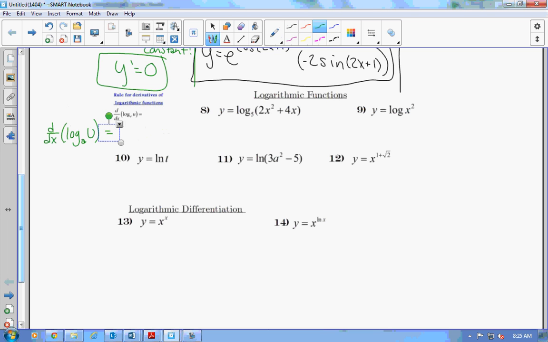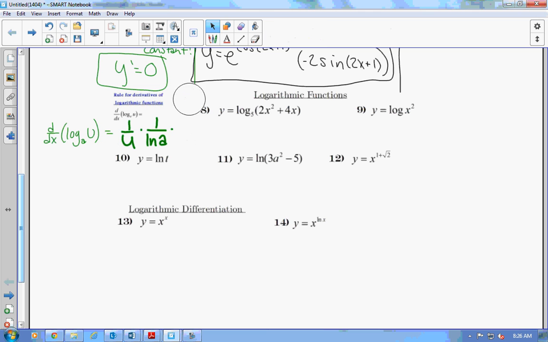It is 1 over u times 1 over natural log of the base times u prime, which could be dy dx. Let's actually just put it as u prime here so we don't have to write that arrow every time.